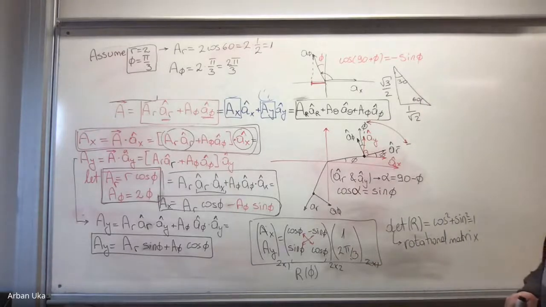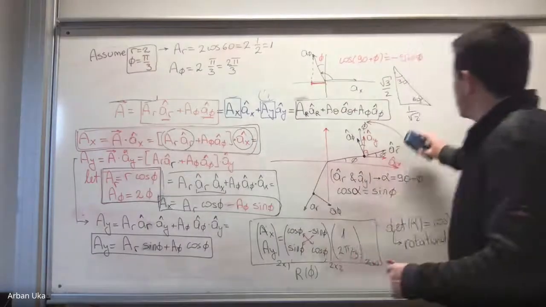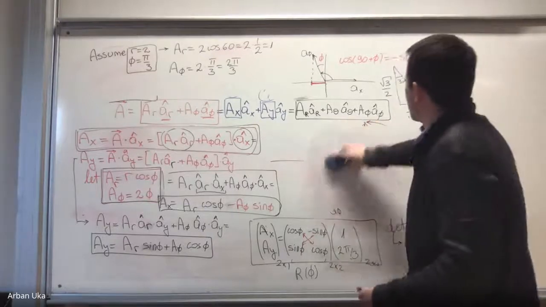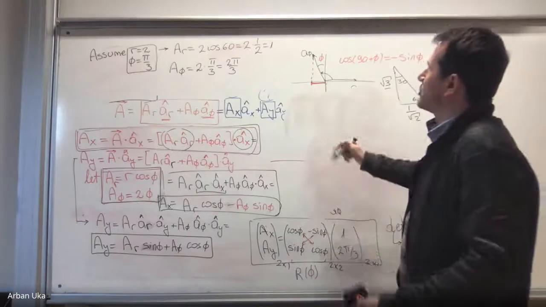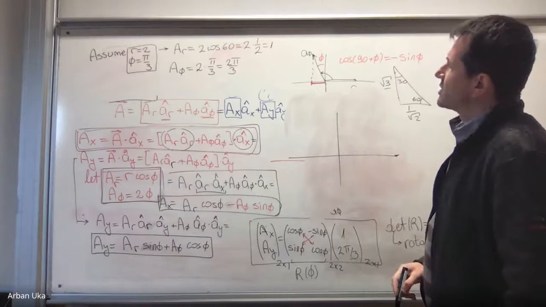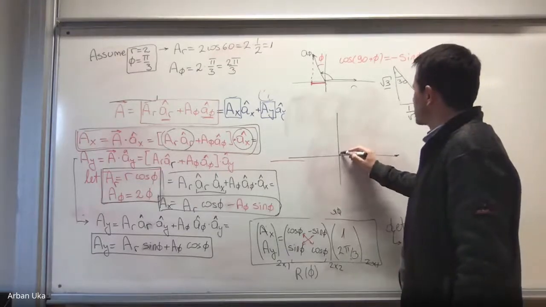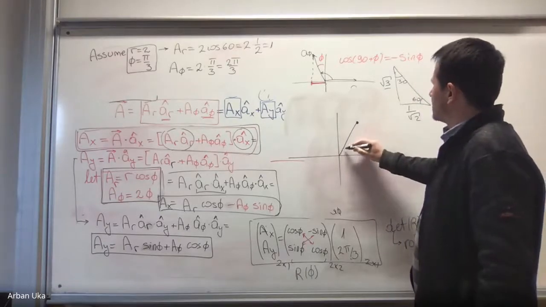And let's assume, so if we try to draw this one, and let's do it, we should observe the following. So we have the radius, we selected it 2, at an angle of pi over 3. Pi over 3 is 60. 60 is right here. So this is the angle of 60.